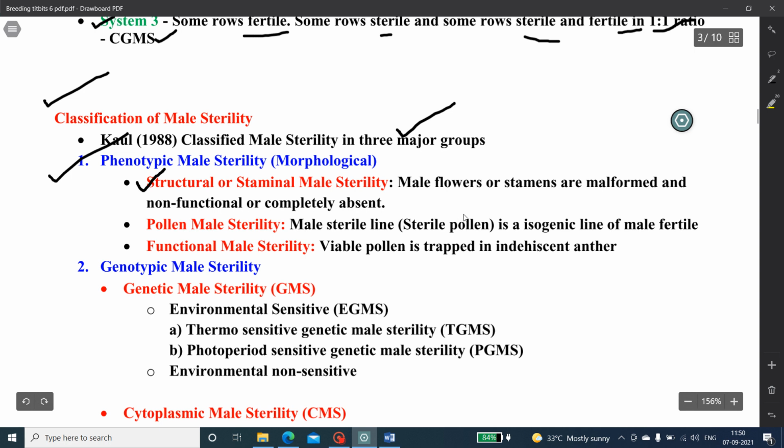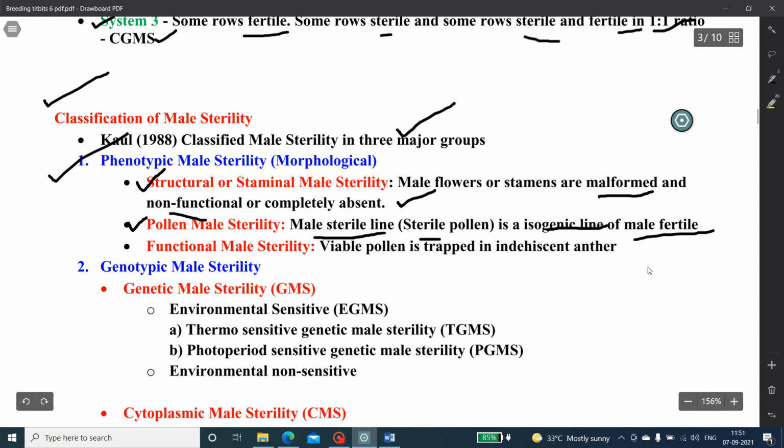Here the male flowers or stamens are malformed, non-functional or completely absent. And the second one under phenotypic male sterility is pollen male sterility. Here the male sterile line will produce only sterile pollen, and it is an isogenic line of the male fertile.